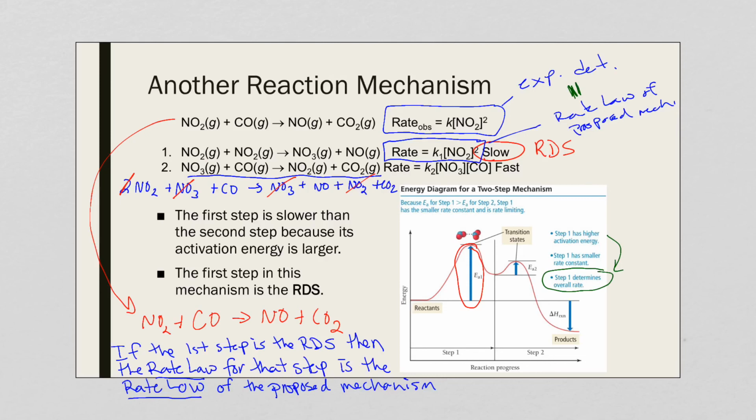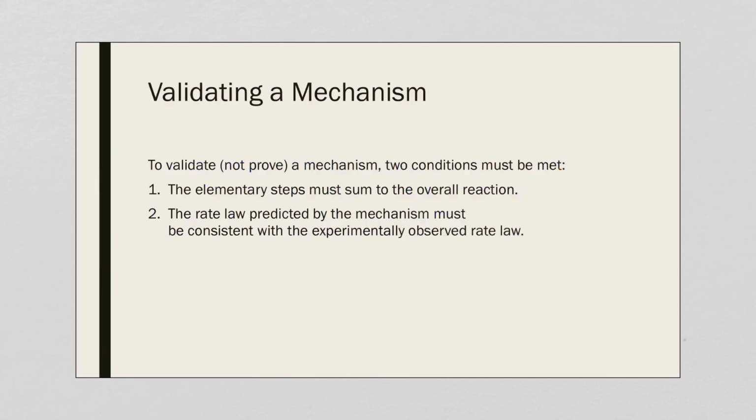All right, so let's summarize what we call the steps of validating a mechanism. In order to validate, again, not prove, a mechanism, that proposed mechanism must meet two steps. The first one that we've talked about is that the elementary steps must add up to the overall reaction. We did that a couple of times, right?